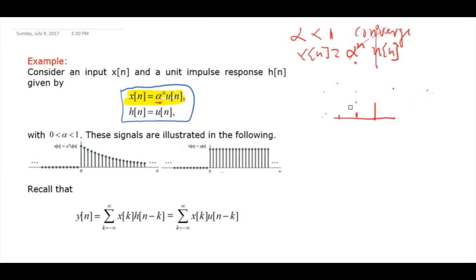In this case, when alpha is less than 1, say alpha is equal to 0.9, we start from 1, then 0.9 to the power 1, that is 0.9, 0.9 to the power 2, that is 0.81, then 0.9 to the power 3, 0.9 to the power 4, 0.9 to the power 5.